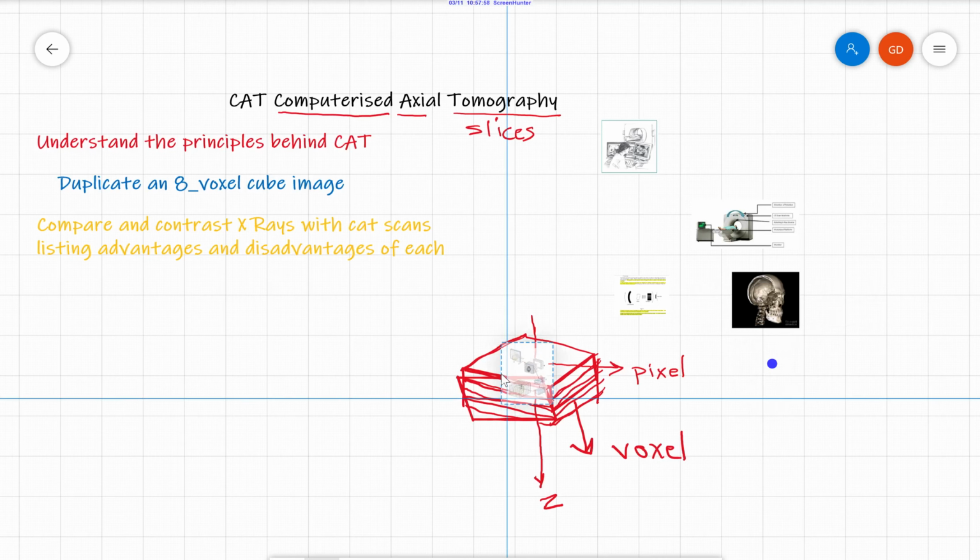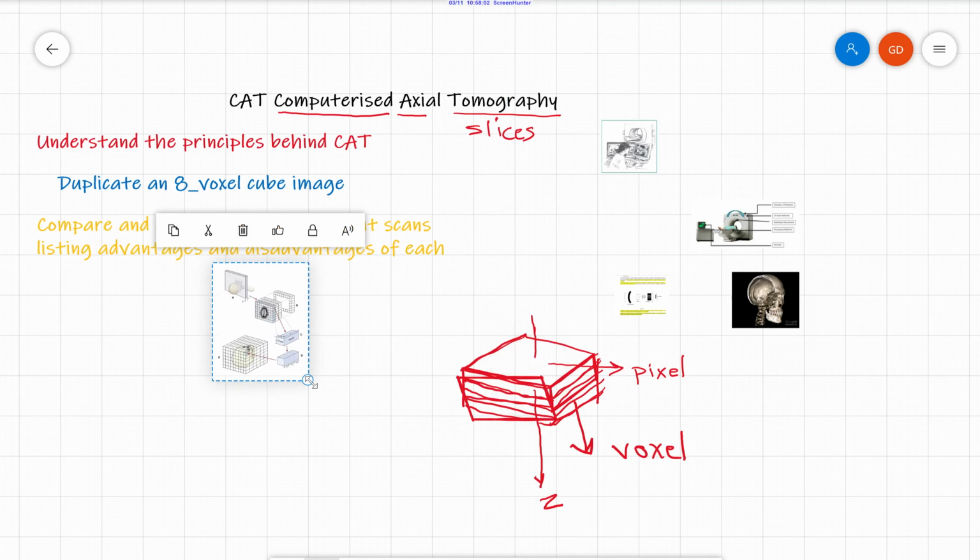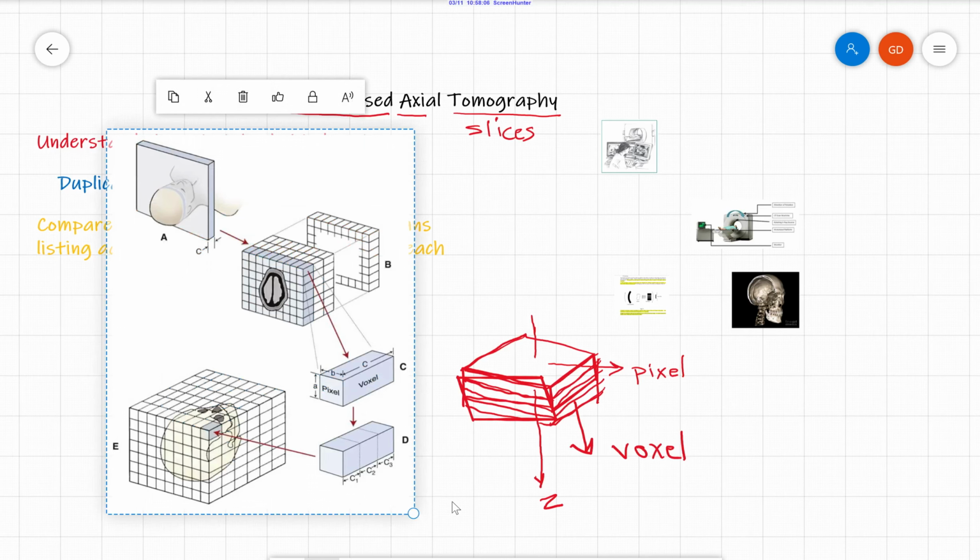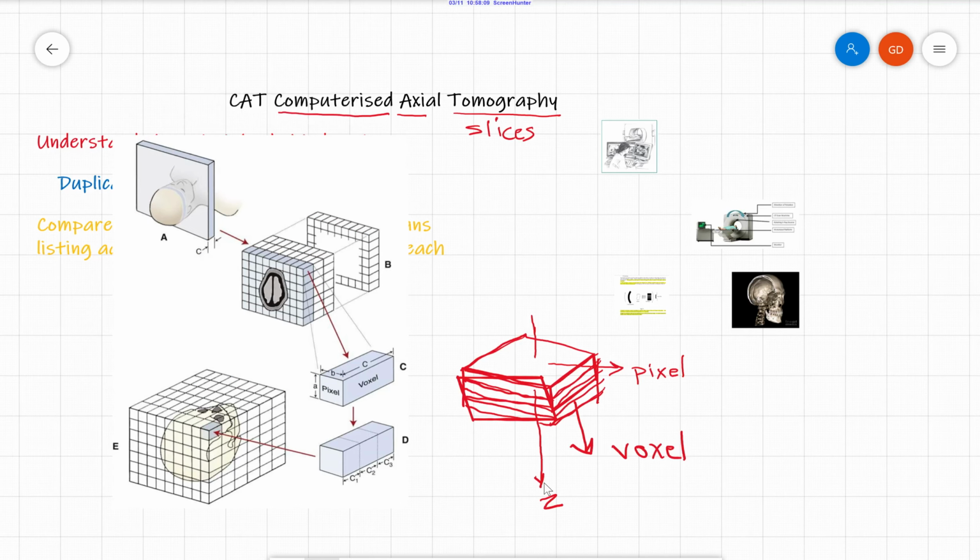Now you see here the organ is divided into several voxels. Let's take one of them and zoom it in. This is the voxel, this is the slice or the pixel.